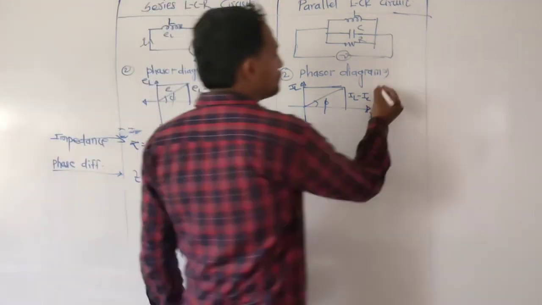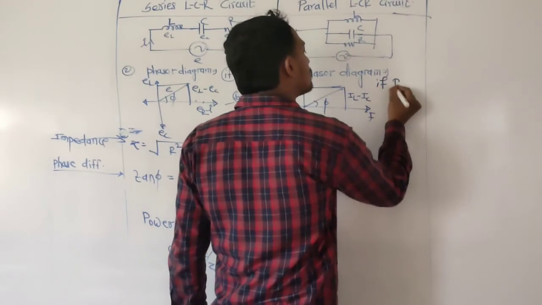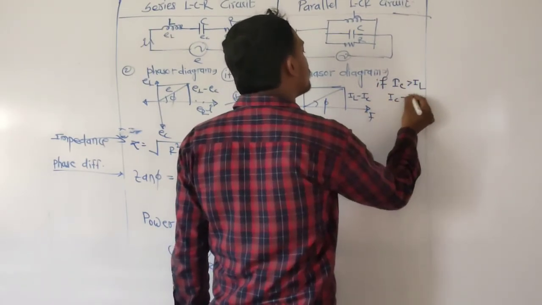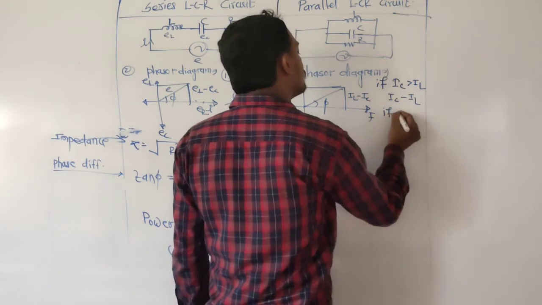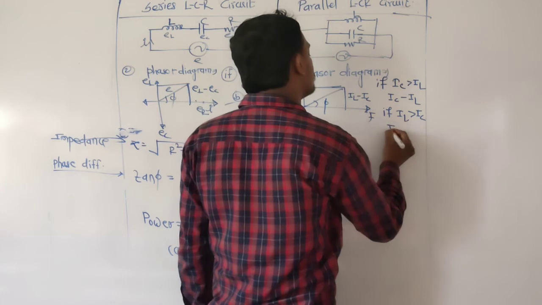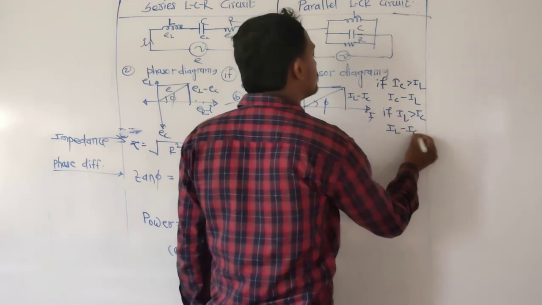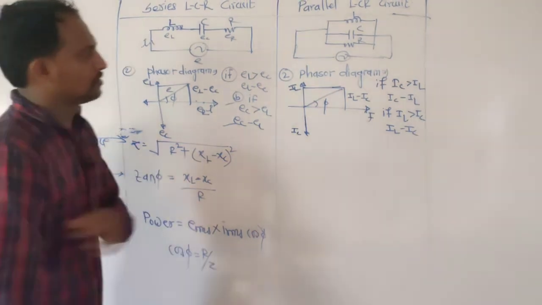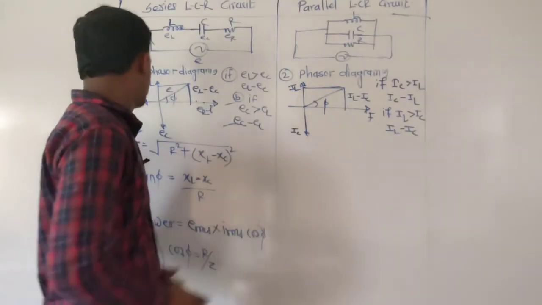If IC is greater than IL, we have to take IC minus IL, and if IL is greater than IC, then we have to take IL minus IC, like this. Okay, so this is the condition.